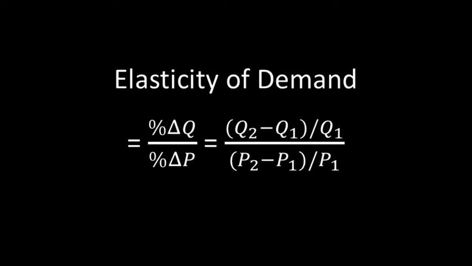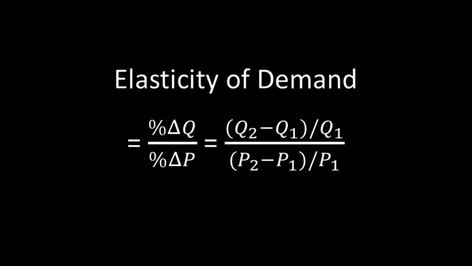Okay, so one thing that I want to point out about the elasticity of demand equation is, as you can see on the screen, we have subscripts which denote which quantity and price came first and which one came second.